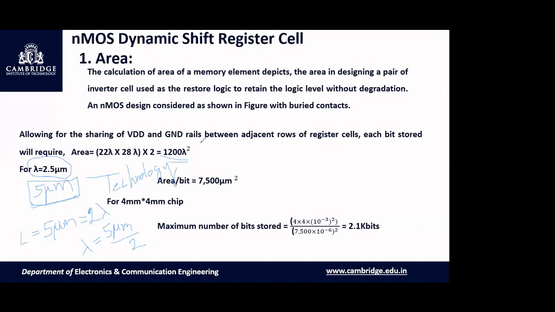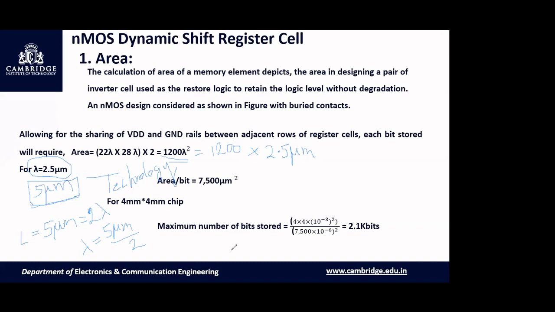Okay. So here 1200 into lambda value. For 5 micron technology, your lambda value is 2.5, that is 5 micrometer by 2. So if you multiply by 2.5 micrometer, how much will you get? You need to calculate.